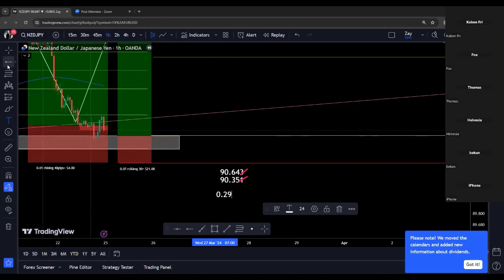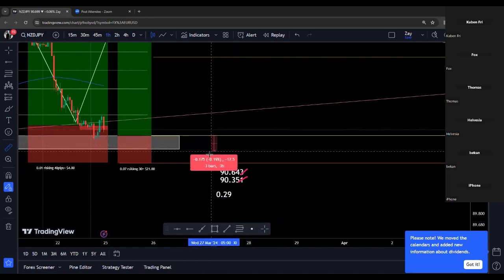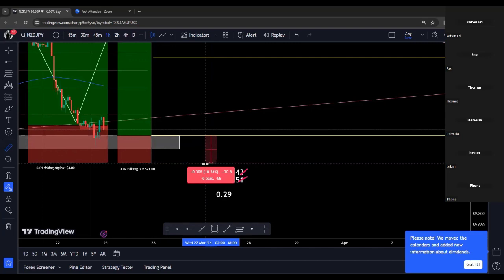Which means if you subtract 64 from 35, you get 29 pips. If I go from the entry, which is 90.64, to 90.35, I should get about 29 pips.